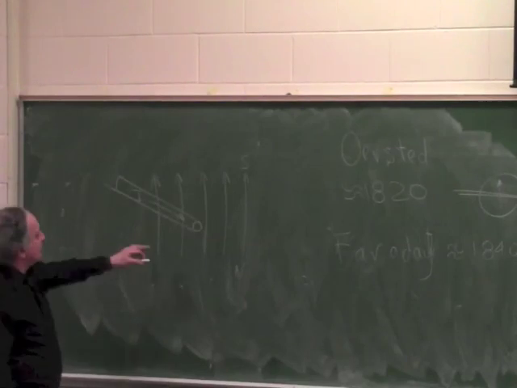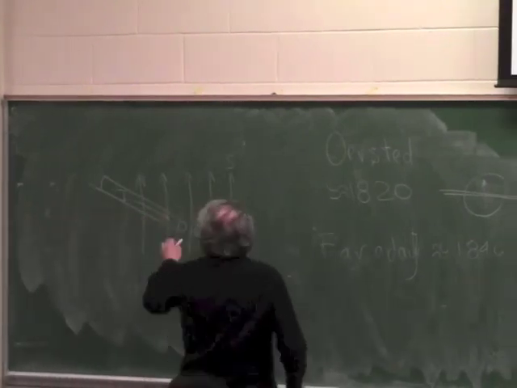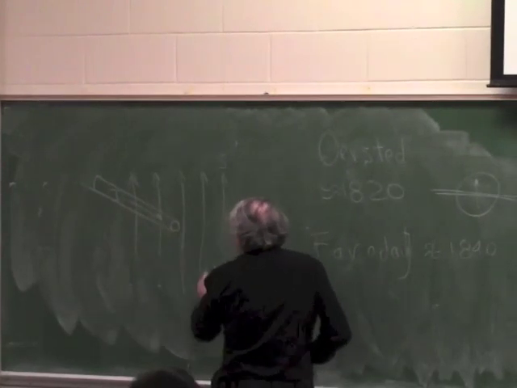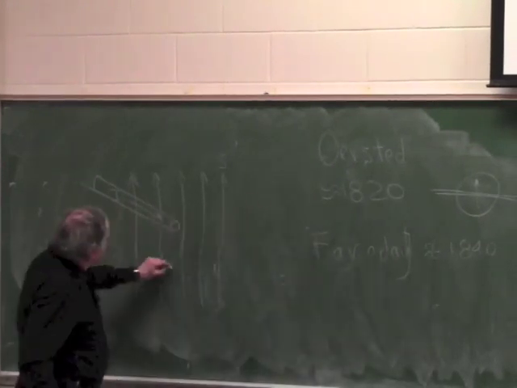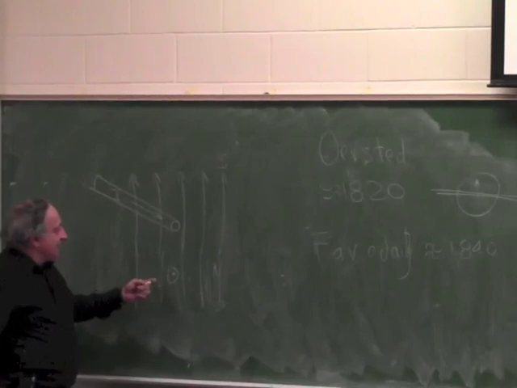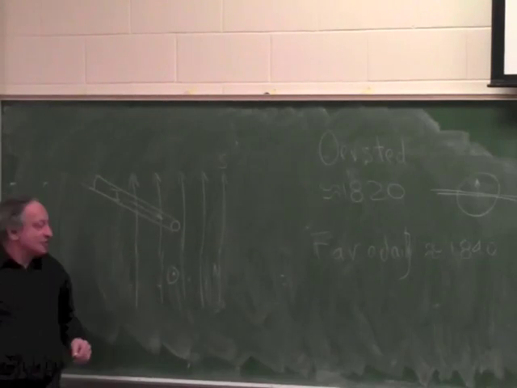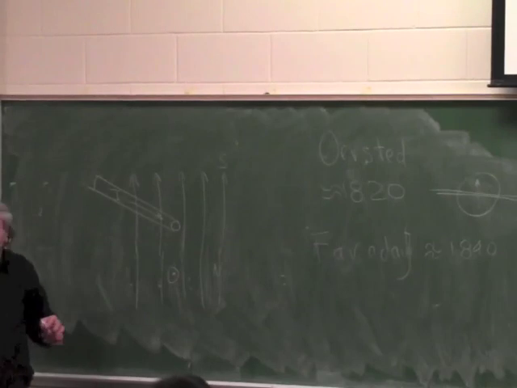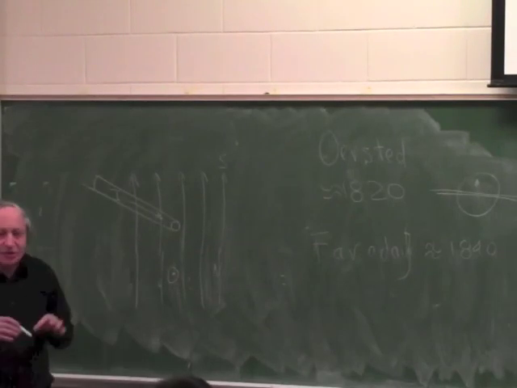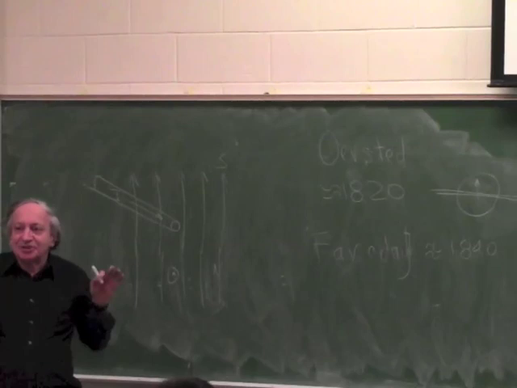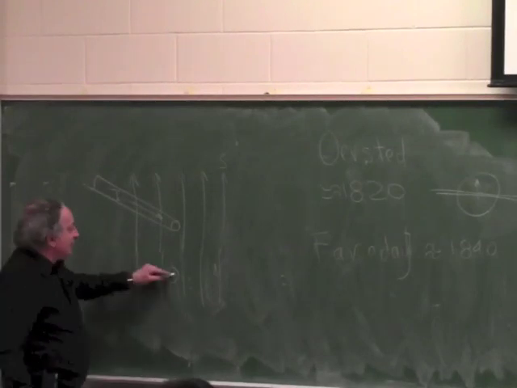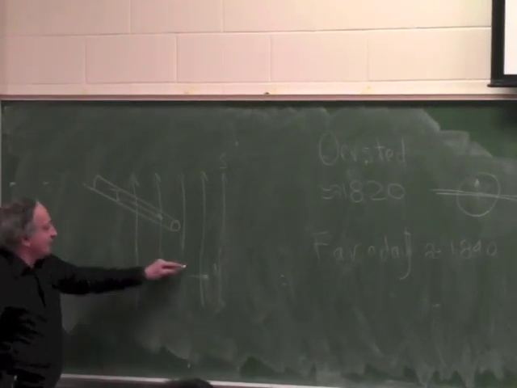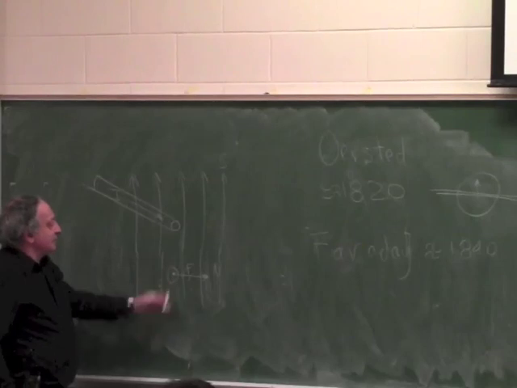I'm not quite sure if I drew it right, so let's just draw for a moment not a 3D picture, but a cross section. This is the current coming out. So now a force will be created, and there is a rule called the right-hand rule which tells us the direction, but you're not required to remember the directions, just to remember there will be a force which is perpendicular to the current and to the field.